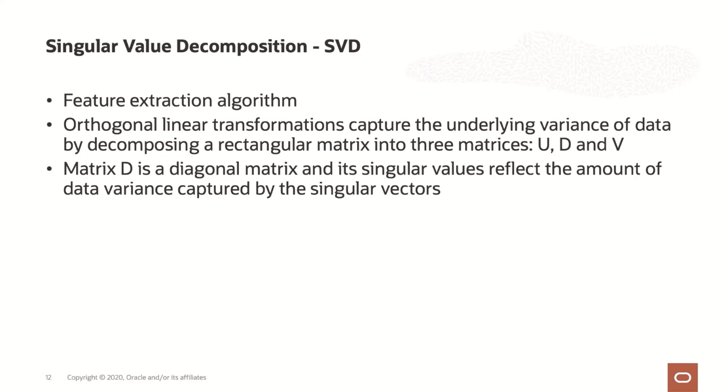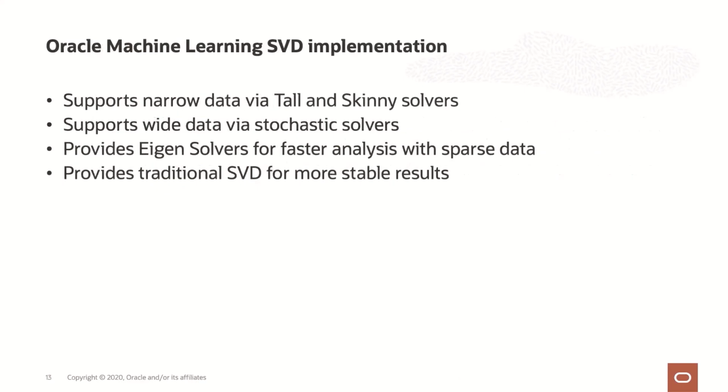You're going to see an example when we talk about it. In the Oracle Machine Learning case, we have several eigensolvers. We support tall and skinny solvers. So we have some of these more stochastic solvers to support very large data sets, but we also have the traditional SVDs for more stable results as well.